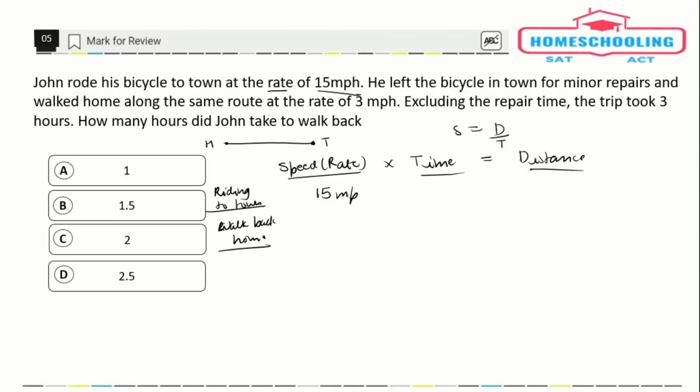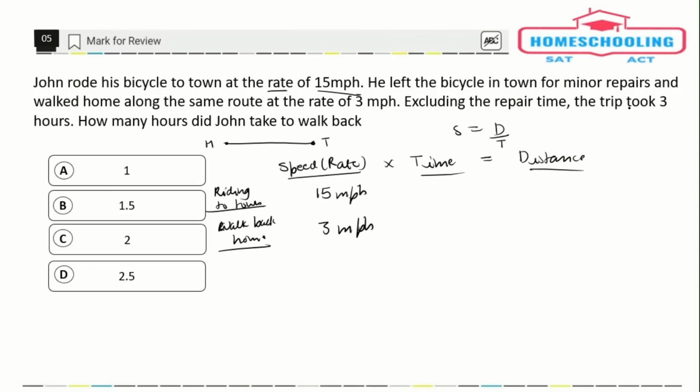He left the bicycle in the town for minor repair, and walked home along the same route. So remember the distance, he's walking back, so he's going from here and walking the same distance back, at a rate of 3 miles per hour. So walking back to home, the speed is 3 miles per hour.